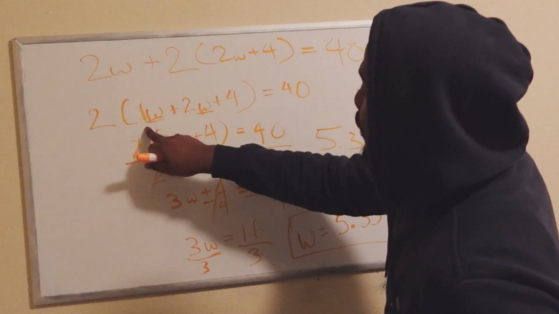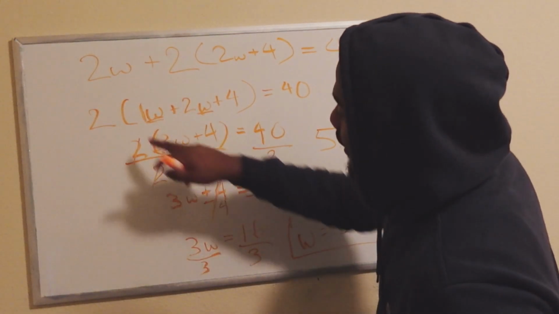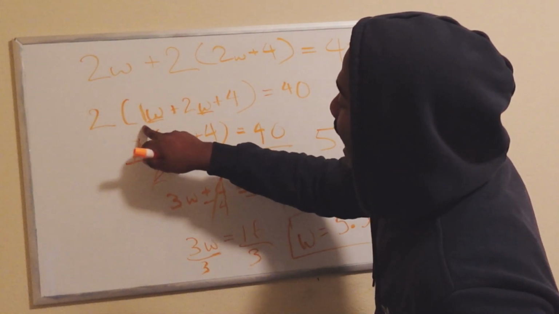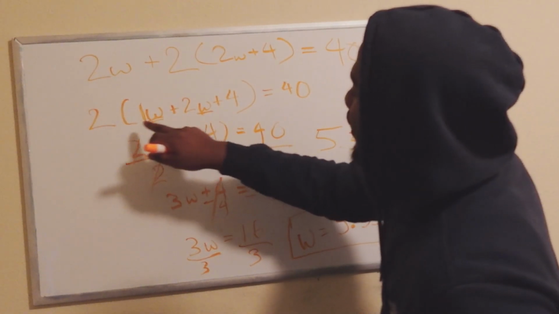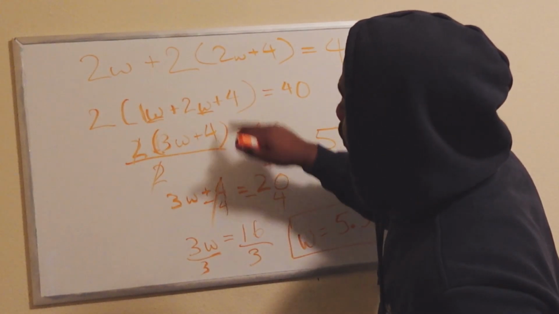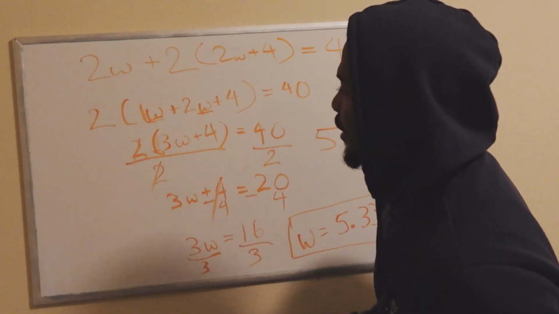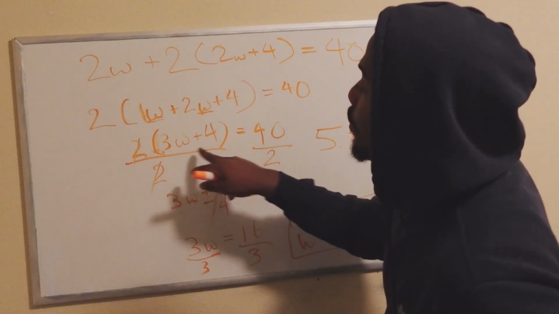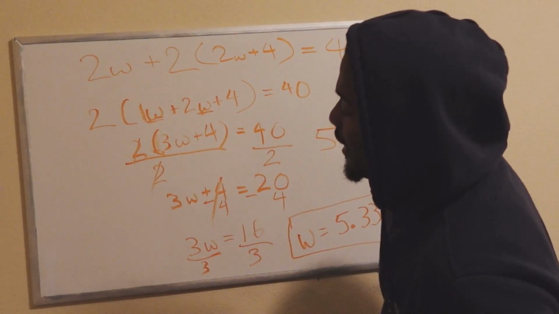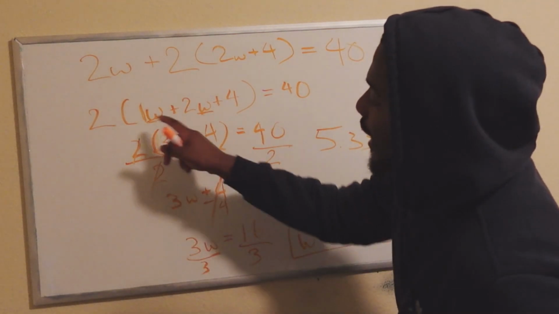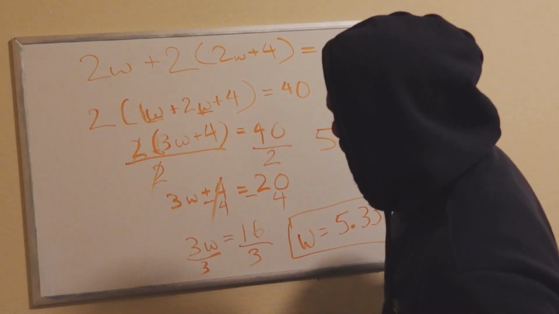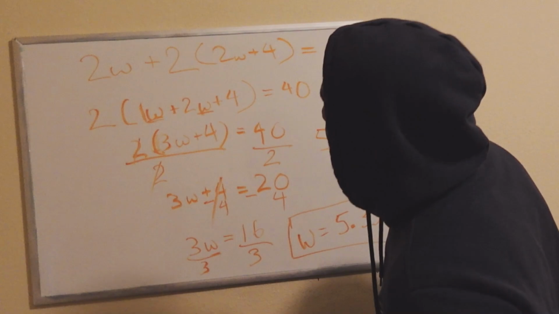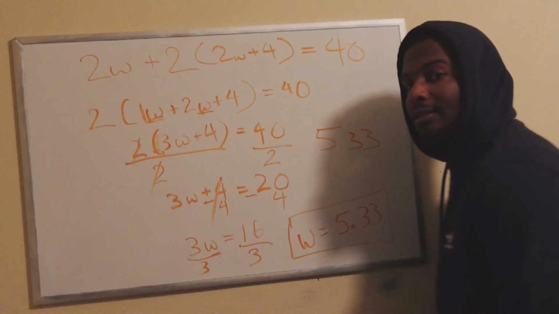You had a W here and a 2W here. This is assumed to be a 1, so you can add those 2 together because they're like terms. We couldn't add the 4 to it because there's no W right there, right? So 3W plus 4. And from there, we just did algebra. Whatever you see on the outside, you do the opposite of it until you got the W by itself. All right? All right.